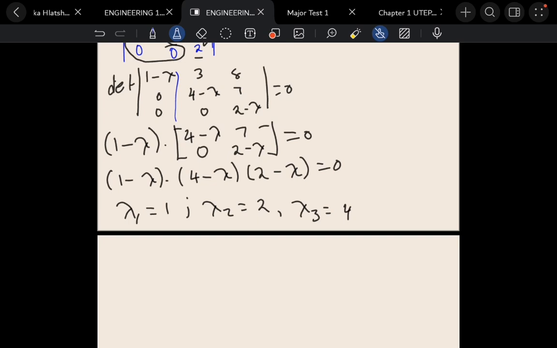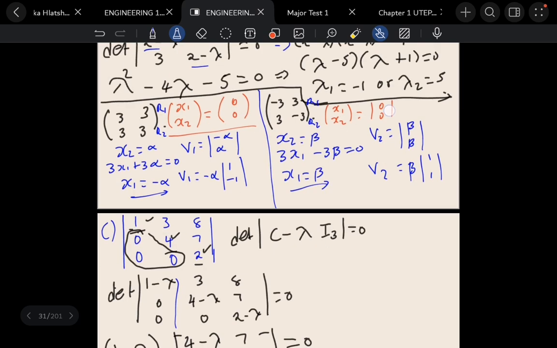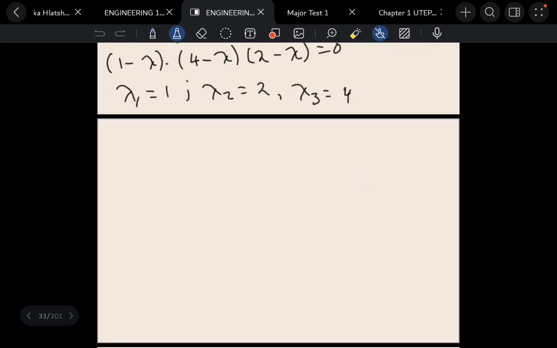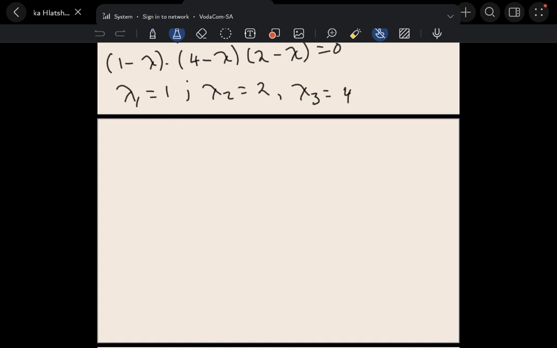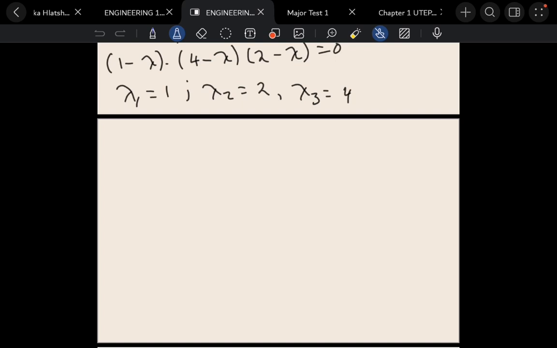We're going to do the same thing that we did in the 2 by 2 case. Let me just grab my calculator because I don't have it on my side. Right, now I have it. Now, because we need to do row operations, let us try to find the eigenvectors of this matrix.